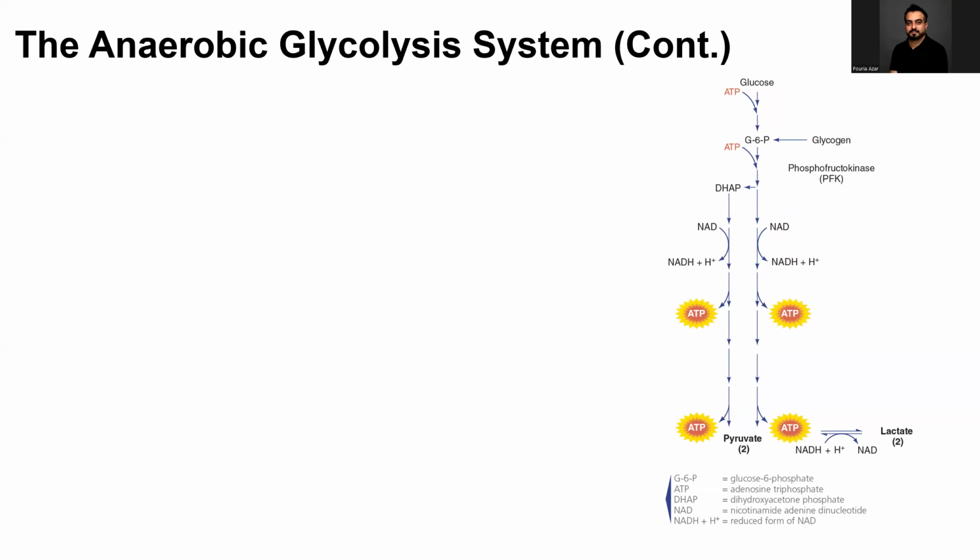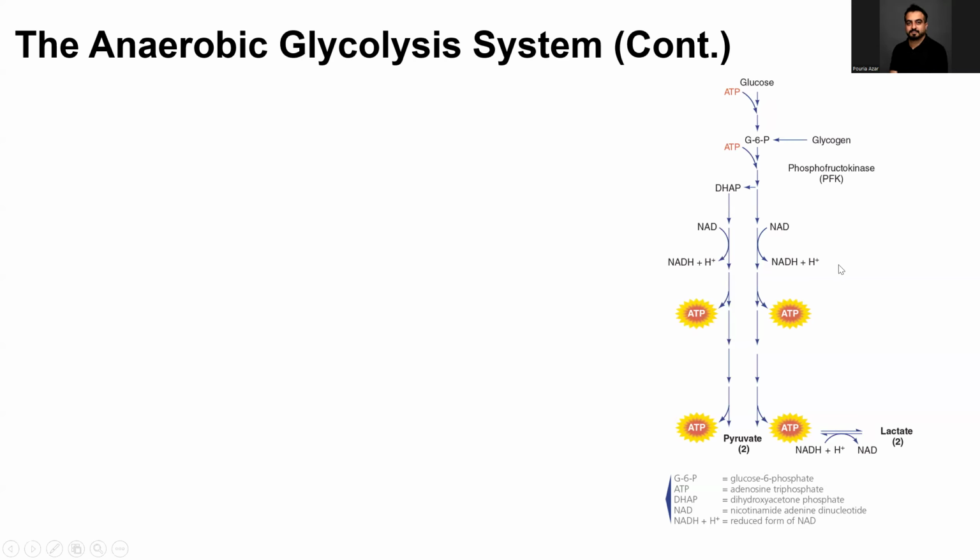I don't want you to memorize the names of the enzymes here. I will let you know what enzymes are very important so you can keep those in mind. But this is an overview, and as you can see, at the end we get two ATPs because we are using two ATPs at the top of the glycolysis system.